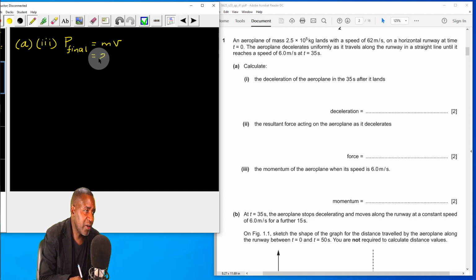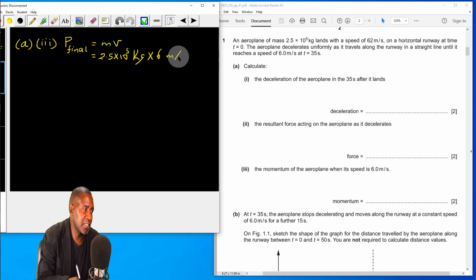The mass of the aeroplane, we have seen it is 2.5 by 10 raised to power 5 kilograms, and its velocity is of course 6 meters per second.